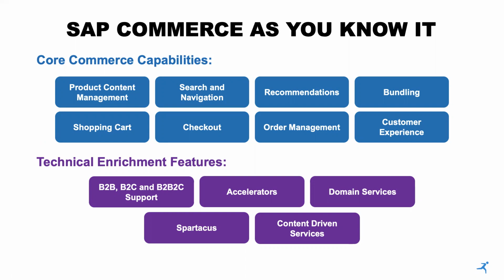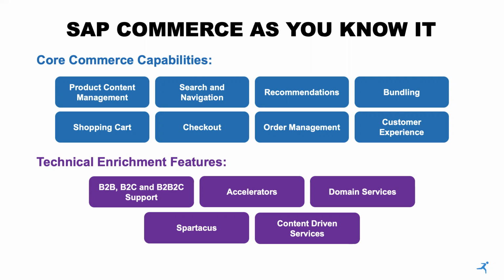The areas around search and navigation, building recommendations for the end customers, and giving them bundling options fall in the category of building the personalization experience for the end customer.